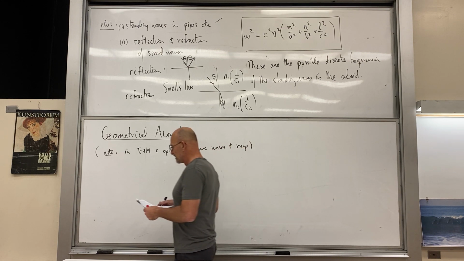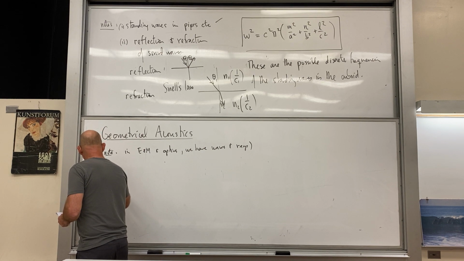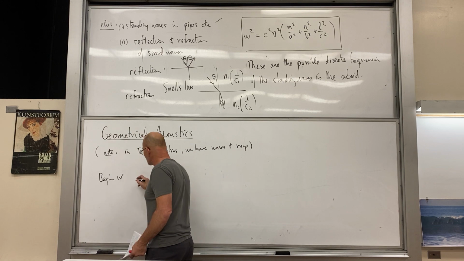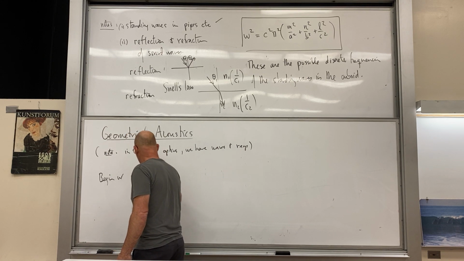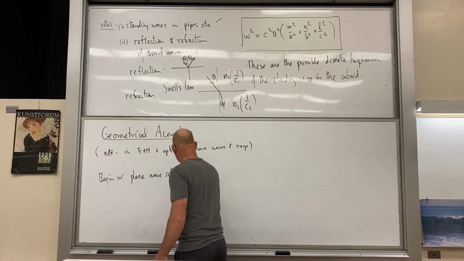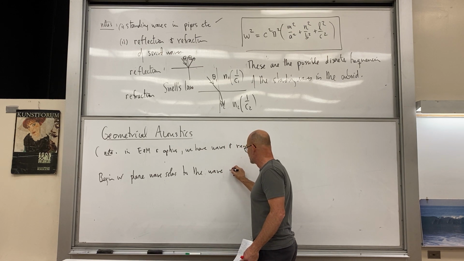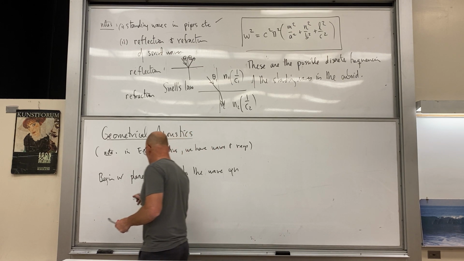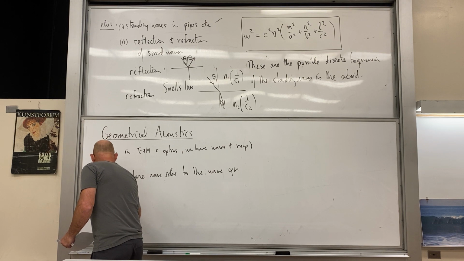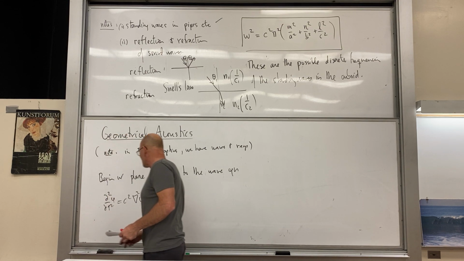Okay. So what do we have here? Let's say we're going to begin with our plane wave solutions to the wave equation. And I'll draw a nice little picture. First of all, we know it's the second derivative of phi with respect to t equals c squared times the Laplacian of phi, the wave equation.